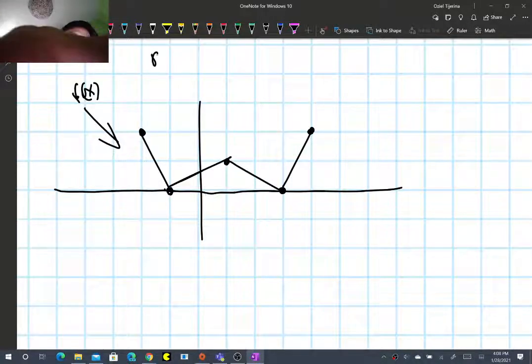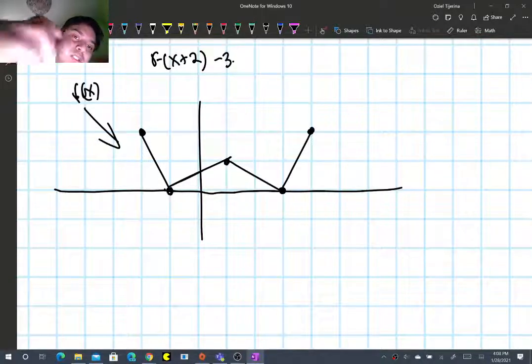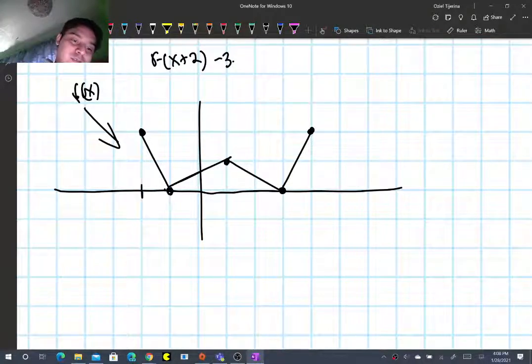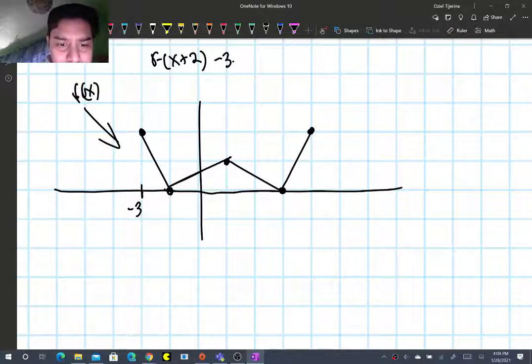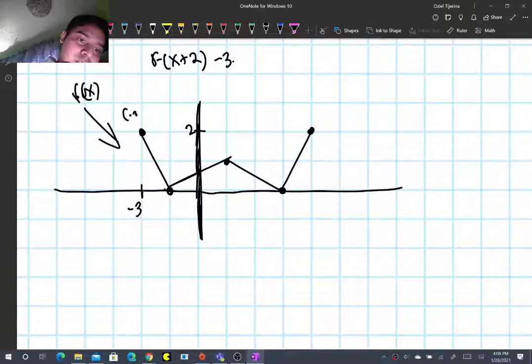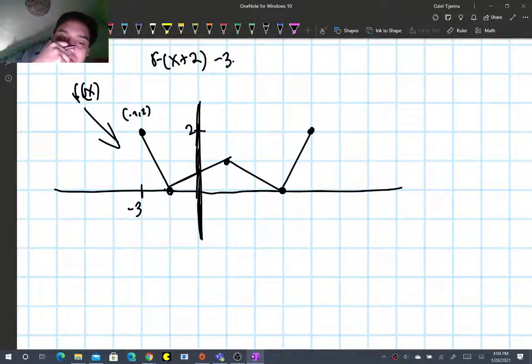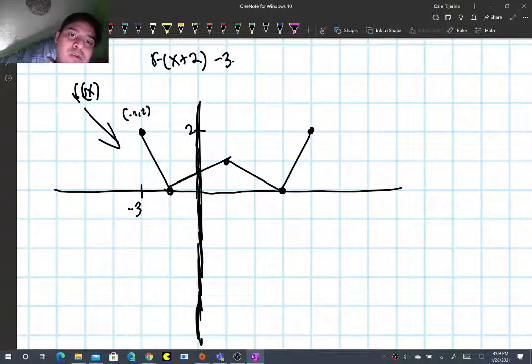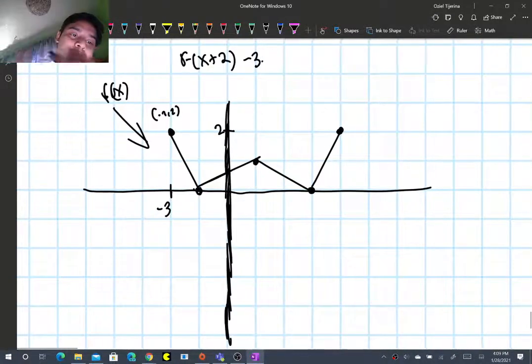Then I say, what is f of x plus 2 minus 3? Let's say this is negative 3. This part is, how much is it? It would be 1, so 1, 2. This is 2. So let's say this is negative 3 comma 2, and I'm going 3 units down and 2 units to the left, okay?